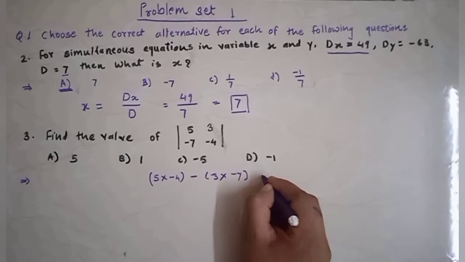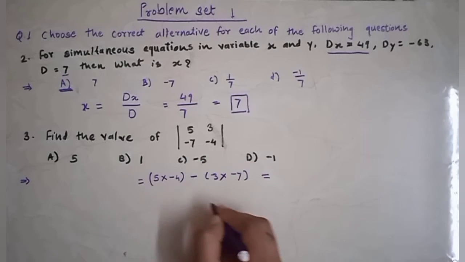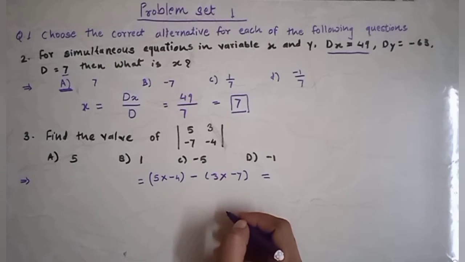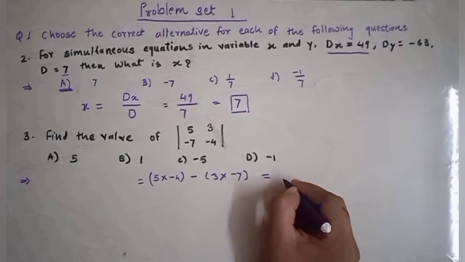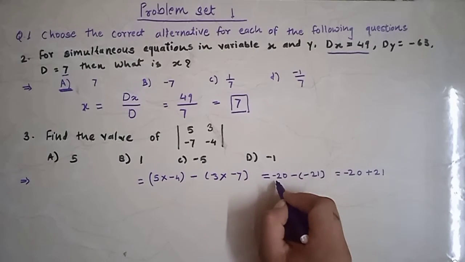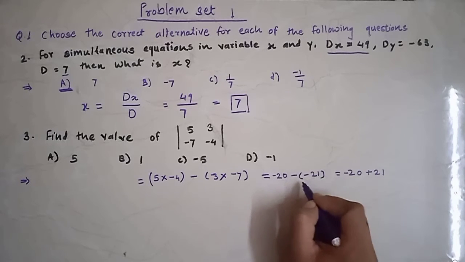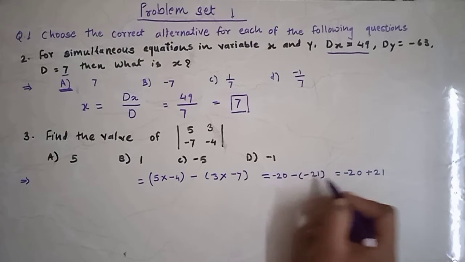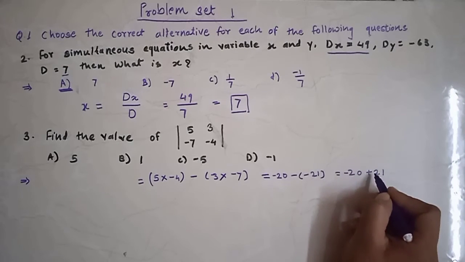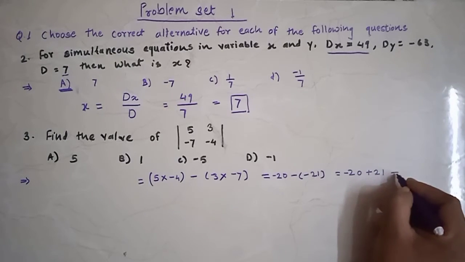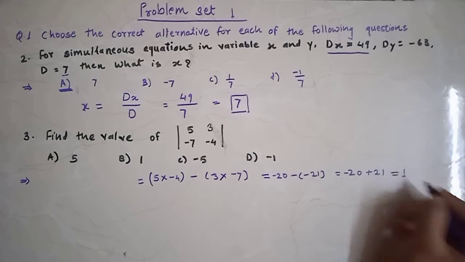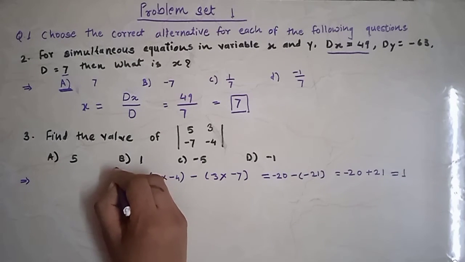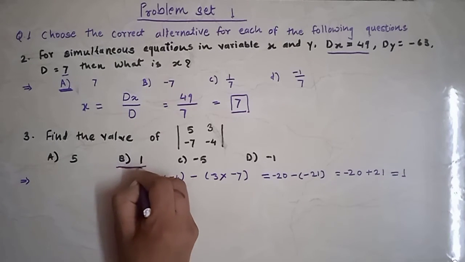So multiply this and write the answers. 5 fours are 20, so minus 20, minus minus 21. 3 sevens are 21. So minus of minus is plus. Then we get minus 20 plus 21, so we get 1. Then the value of the determinant is 1, and this is option B.